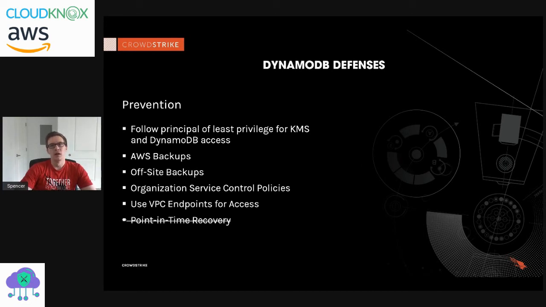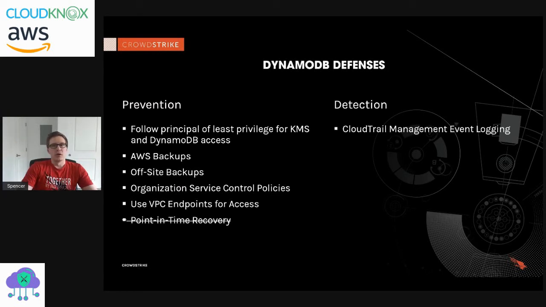But what I found is if you enable it and then you wait a little while, maybe mess with the data, then you apply a ransom KMS key to it, then you use point-in-time recovery to recover before that key was applied, it still doesn't work. It seems to be successful and it starts creating the restored database, but then it just disappears from the console and there's no trace of it. So my guess is that it just can't get to the data because it encrypted it all with the new key instead of the key that was present at the time.